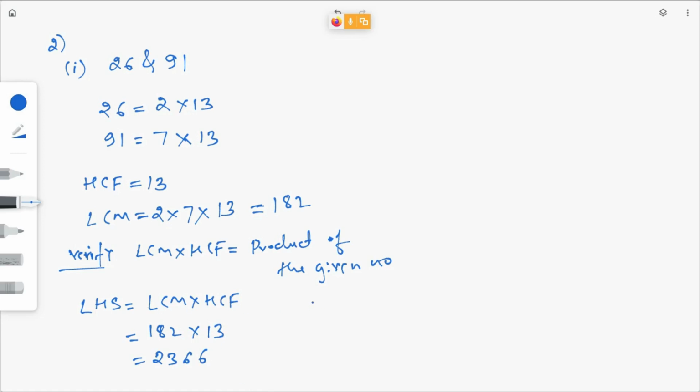That is LHS. What about RHS? Product of the given two numbers. What are the given two numbers here? 26 into 91. So what is 26 into 91? Again 2366. Hence LHS is equal to RHS, hence verified.